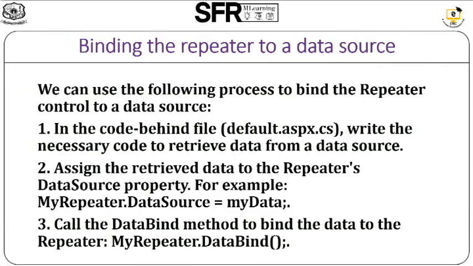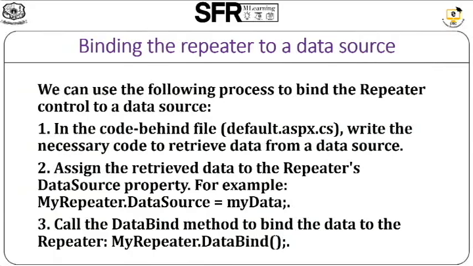Assign the retrieved data to the repeater's DataSource property, for example, myRepeater.DataSource = myData. Here myData is the data we retrieved, and it is given to the repeater control's data source.